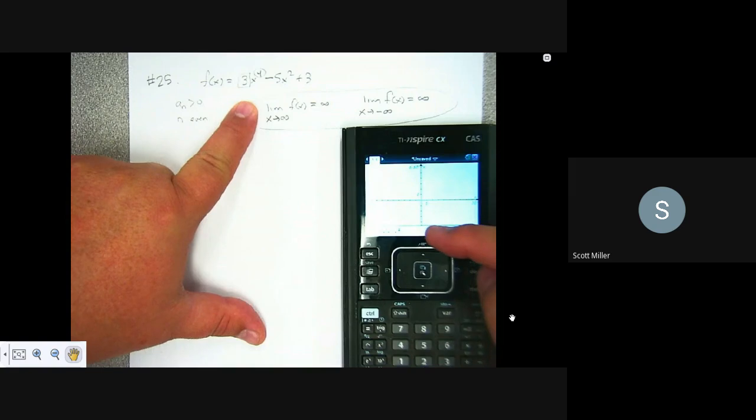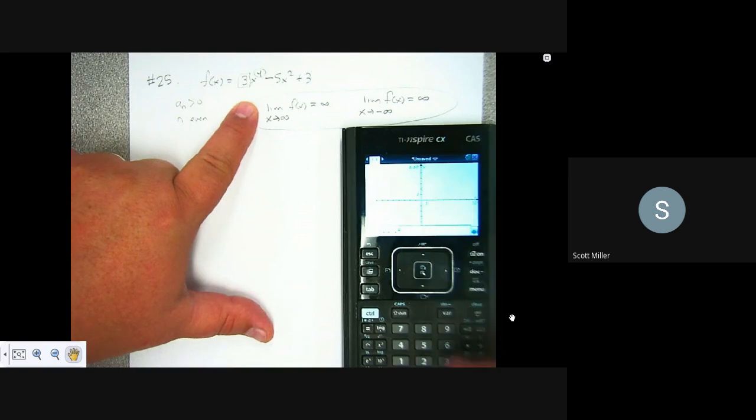When you do an exponent beyond 2, use the exponent button. You got to make sure you get out of the exponent to type in the rest. Minus 5x squared. If you just use the squared button, it will actually drop it back out automatically. Plus 3. I'm going to graph that.